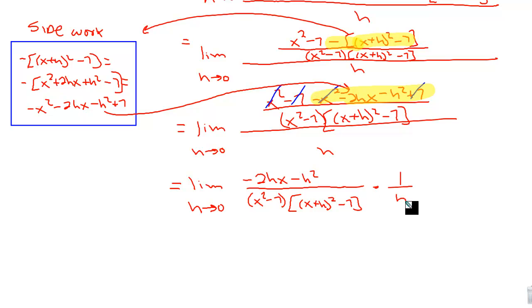Instead of dividing by h, we're now going to multiply by its reciprocal. Dividing by h is the same as multiplying by the reciprocal of it. You can factor an h out of the numerator.